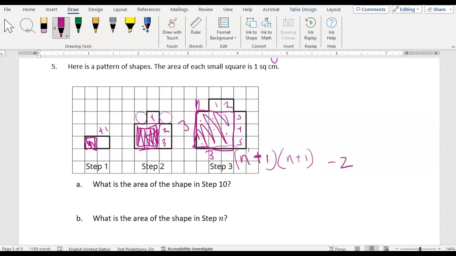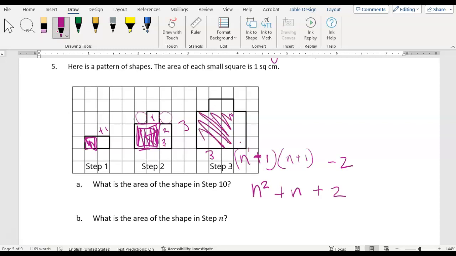So this point right here, we're adding n squared plus, actually not n plus 1, sorry, just n plus n, because we're adding this here, plus n plus this additional 2 here, right? So you're trying to keep track of what you're calculating with your squared term plus the additional amount.